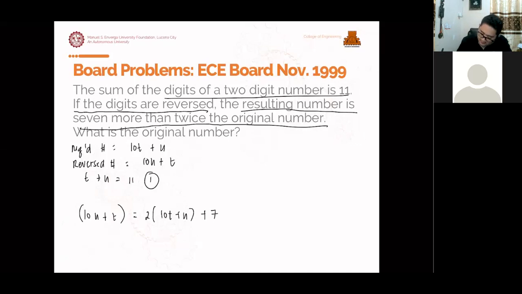So, ngayon, ito yung equation number 2 natin. Or we can just simplify muna to. So, 10u plus t is equals to 20t plus 2u plus 7. And then, lipat natin. So, this will be 19t minus 8u plus 7 is equals to 0. Ito yung second equation natin.